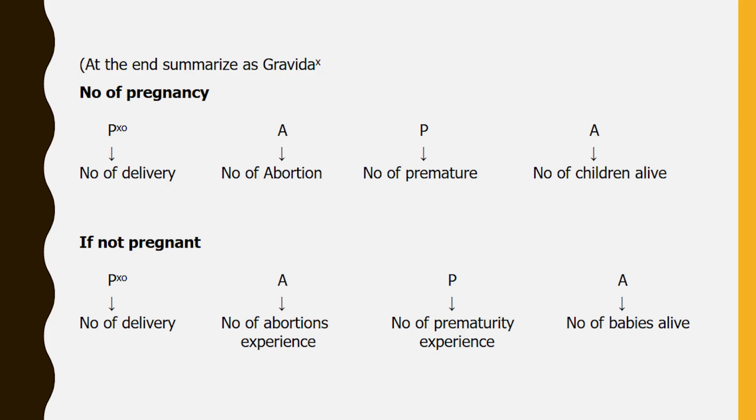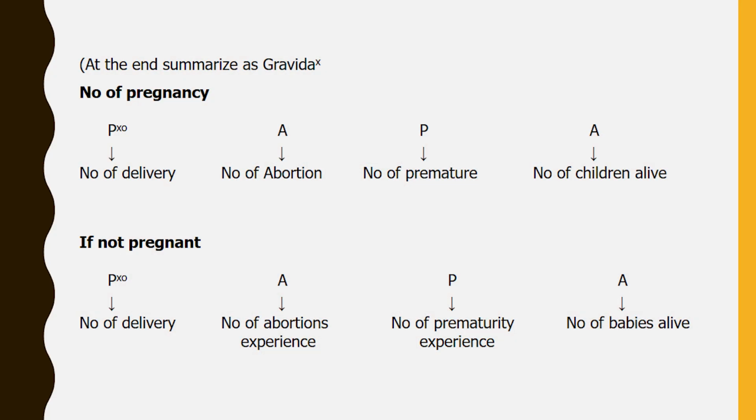The number of pregnancies may be more than the parity. The parity is the number of babies delivered per vagina, while the gravida is the number of pregnancies. The 0 that follows the P is whether there's any abortion or termination of pregnancy.